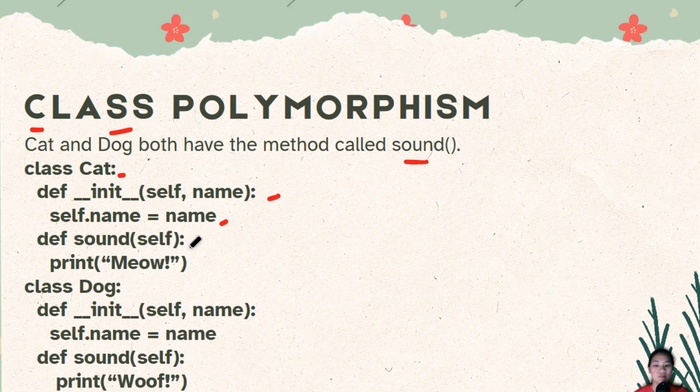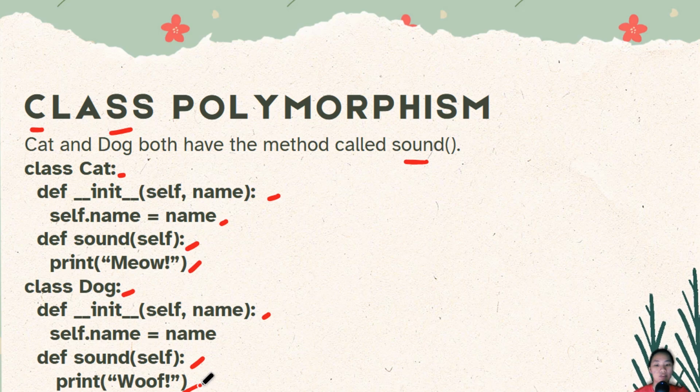Next up, I have sound, referencing self, this instance of cat, in the parameter, print meow, because sound meows for cat. And so cat has the init function and the sound function. Over here, dog also has the same init function, and down here, we also have another sound function, printing wolf. So that's what they both have in common.